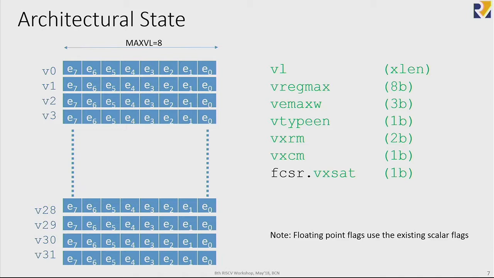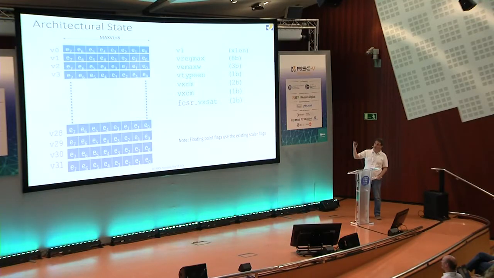So with those changes, the high level of what happened between November and today, what does the architecture look like? The picture is almost the same as in November. We have 32 registers, that's your architectural state. Those registers contain a number of elements, and this is still configurable. The same thing we explained in November.